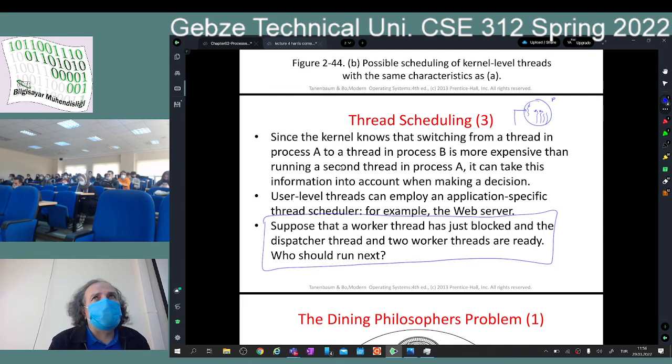I think the example that we gave you is the Java virtual machine garbage collector thread. For the Java virtual machine the garbage collector is important, and it has to run from time to time. Maybe I should consider that garbage collector thread a special thread and give it more opportunity to use the CPU.